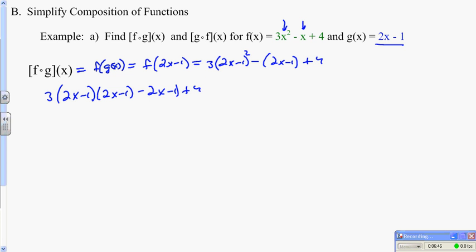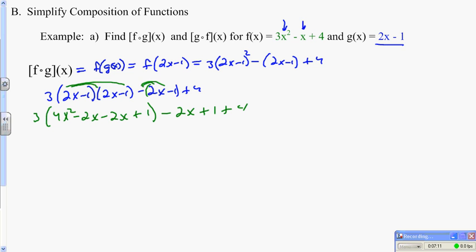So we have to FOIL to take care of that power. So we get 3 times 4x squared, outside is negative 2x, inside is negative 2x, and last is positive 1. I'm going to distribute this negative here, and we get negative 2x plus 1 plus 4.